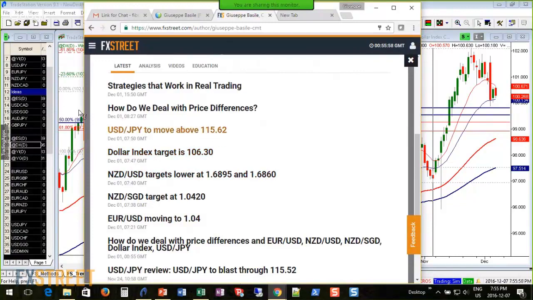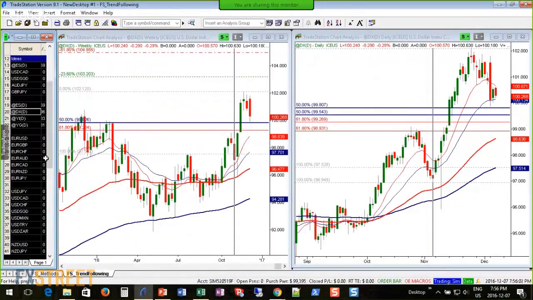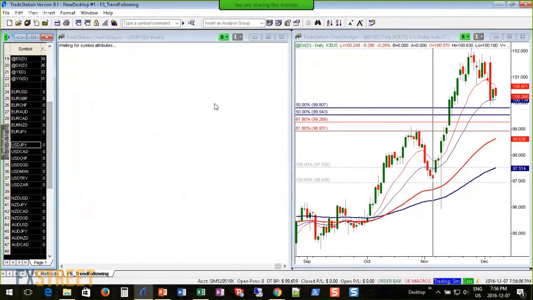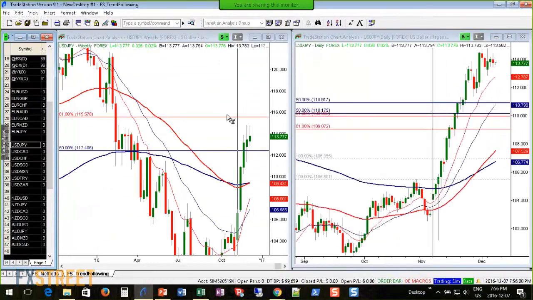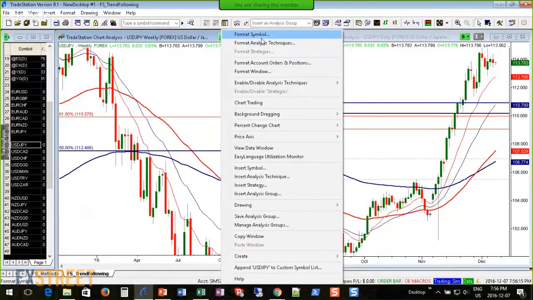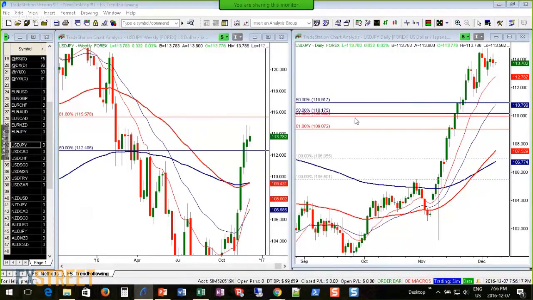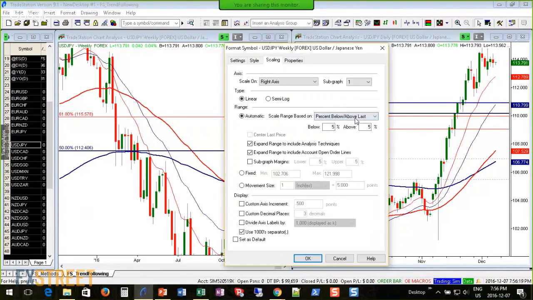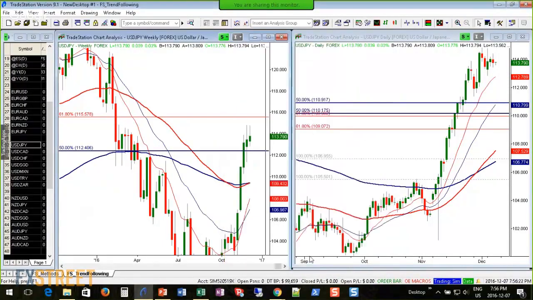And US dollar, Japanese yen, we mentioned one level, the 115.62, and this market is still into this area of potential resistance, and that move is still very possible, and there are only two outcomes here.